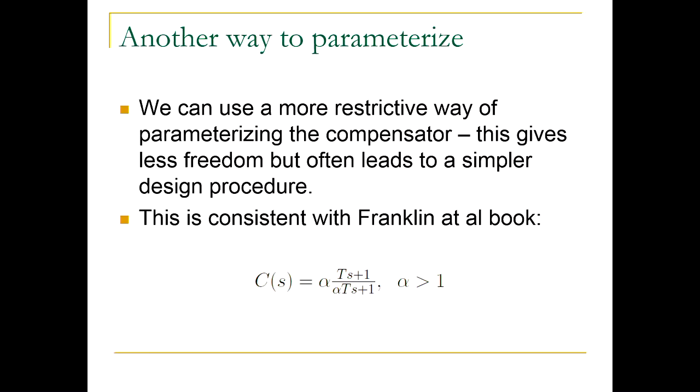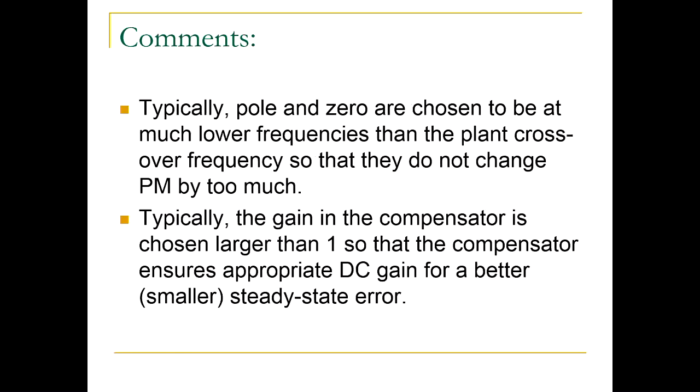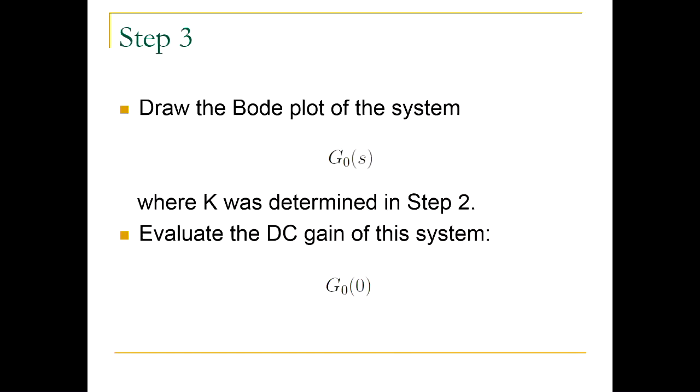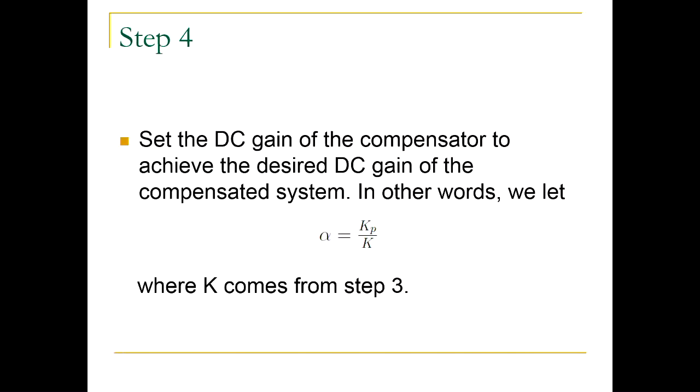So we will set the gain of the compensator to achieve the shift that we were talking about in the example. The required amount of gain that the DC compensator needs to provide is Kp over K, where K comes from step 3 and Kp was determined before.